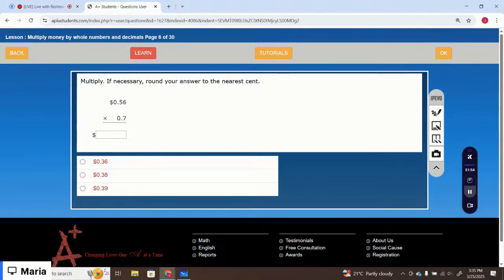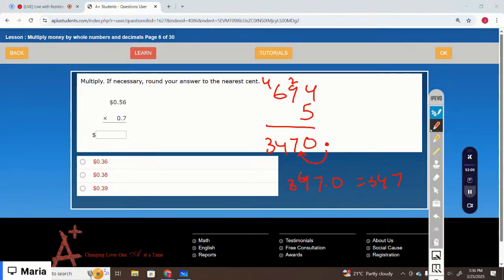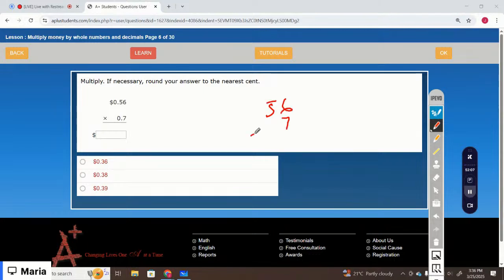Multiply 0.56 times 0.7. If necessary, round your answer to the nearest cent. So let's just multiply them without the decimal point. You have to do 56 times 7. 7 times 6 is 42, 4 carry. 7 times 5 is 35, and 4 is 39.